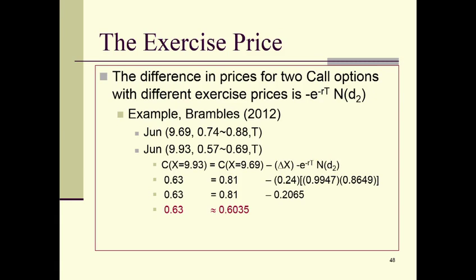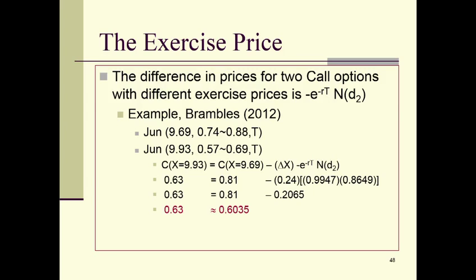So here's a formula that you can use to measure the difference between the strike prices. What it's saying here is that if you have two different calls at different strike prices, would you expect a call at strike 993 to be more expensive or less expensive than 969? Don't look at the slide, just based on what you know.